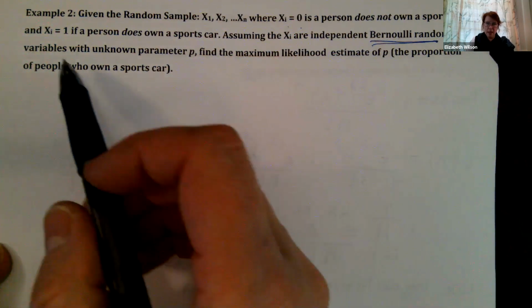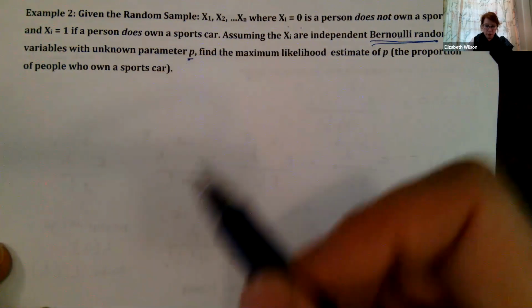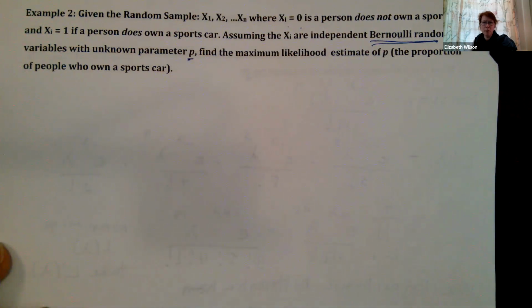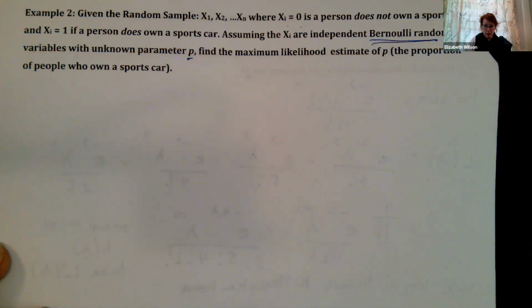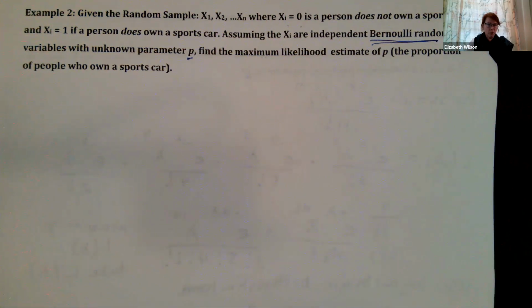We don't know what p is, which is our probability of owning a sports car. We want to come up with a maximum likelihood estimate of p, which is the proportion of people who own a sports car, which we can talk about as being our probability. So let's start taking notes and write down what we have.